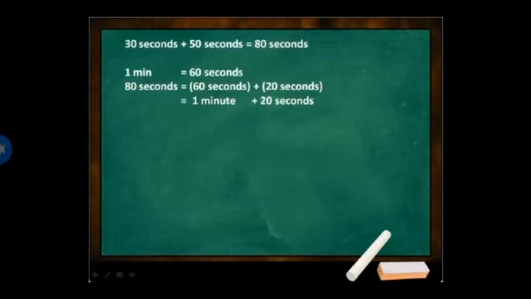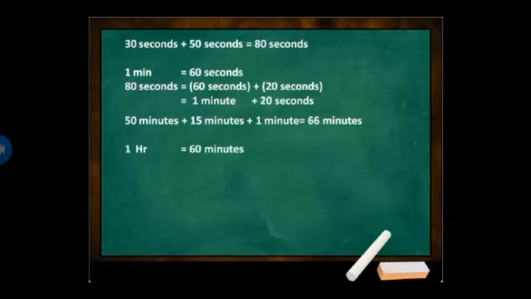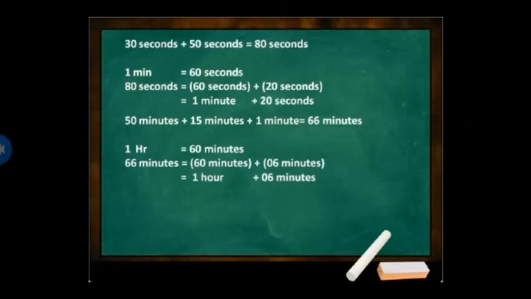Now here we have 1 minute plus 50 minutes plus 15 minutes, which when you add you will get 66 minutes. Now 1 hour is equal to 60 minutes. This 66 minutes you are going to separate into 1 hour and minutes, so 60 minutes plus 6 minutes, which is equal to 1 hour plus 6 minutes.